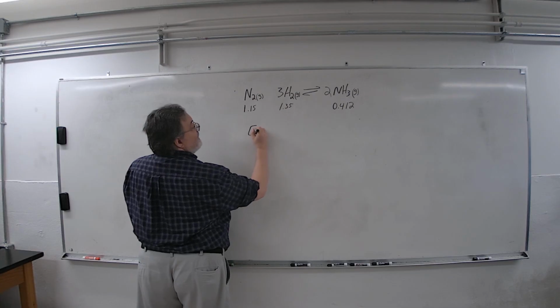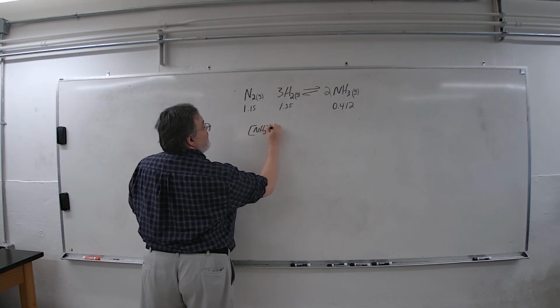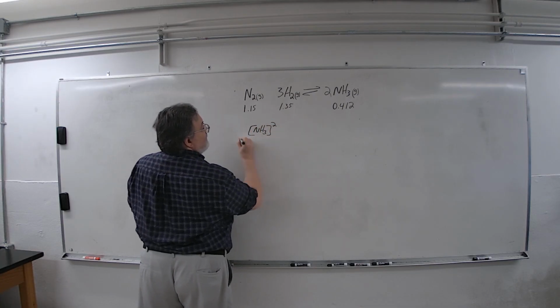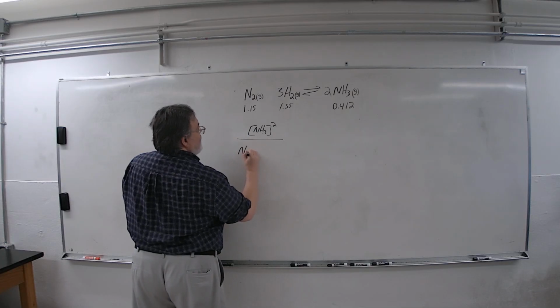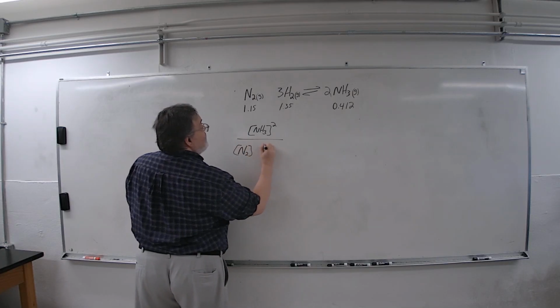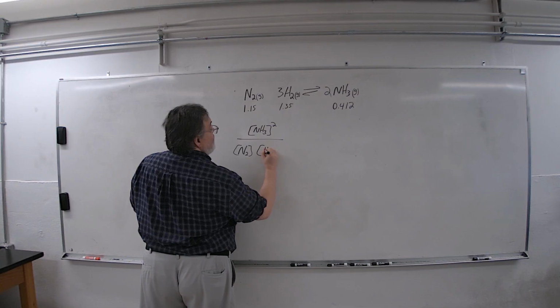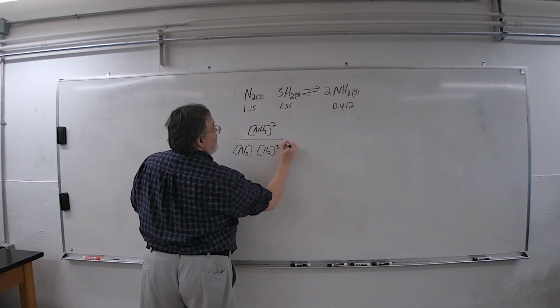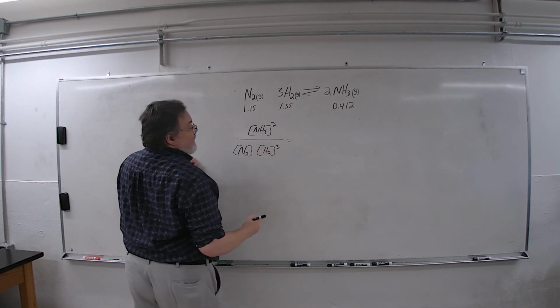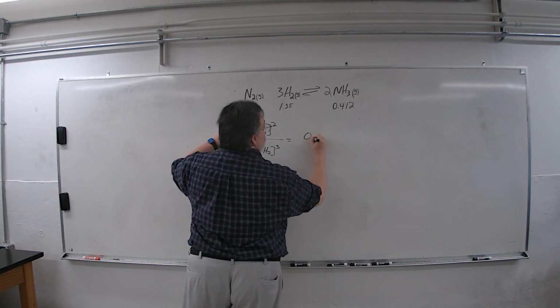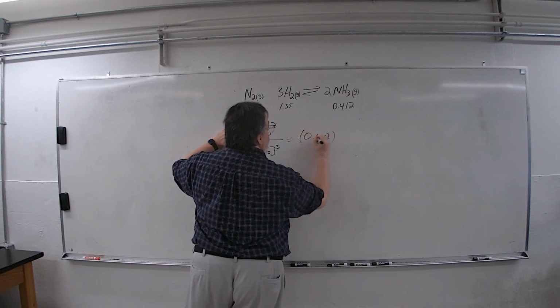Gases. Concentration of N2. And it's plug and chug. NH3 was 0.412.